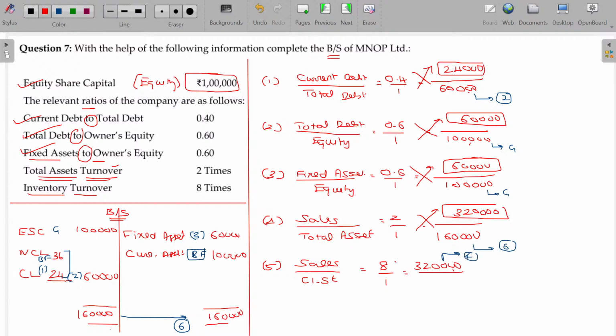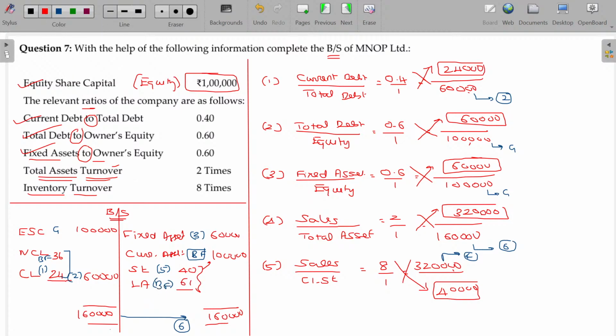By doing the cross multiplication, you will get the closing stock 40,000. So in current assets, stock being 40,000 and liquid assets being the balancing figure. If you add up these two, you will get this value. We got the stock from working note number 5, and the balancing figure will be for liquid assets.